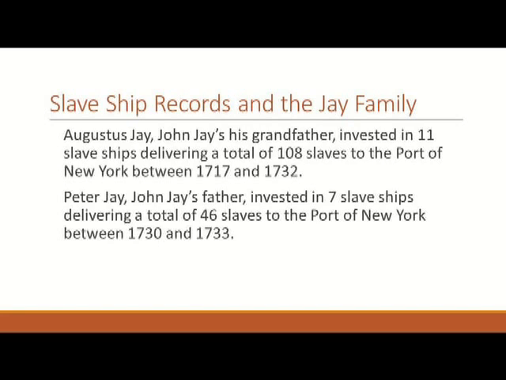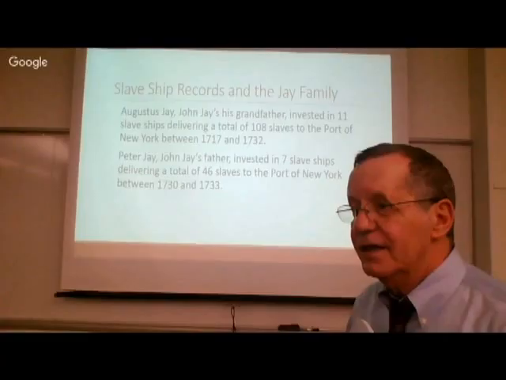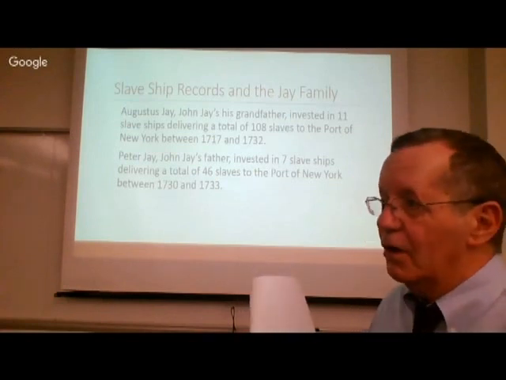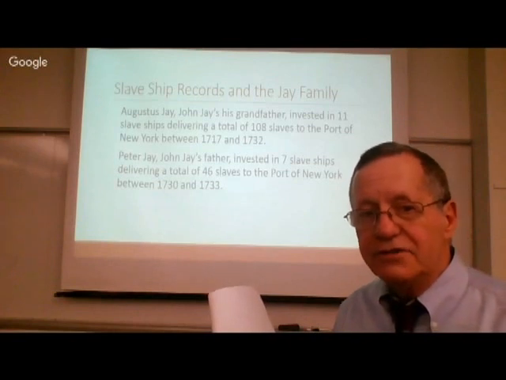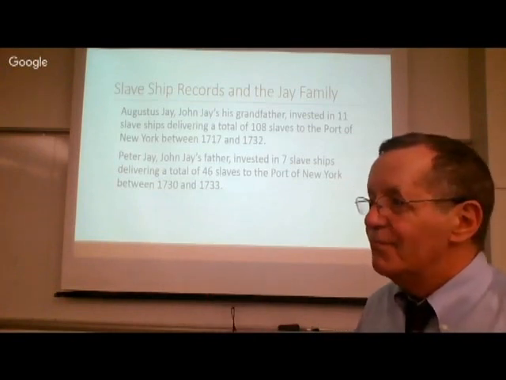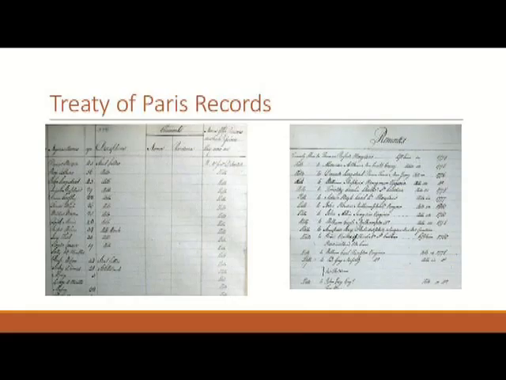John Jay's father, Peter Jay, invested in 7 slave ships, delivering a total of 46 slaves to New York between 1730 and 1733. Now, there were many, many investors and owners of these slave ships, but we're finding out something about our namesake, John Jay's extended family, and we'll be learning more about his extended family as the evening progresses.